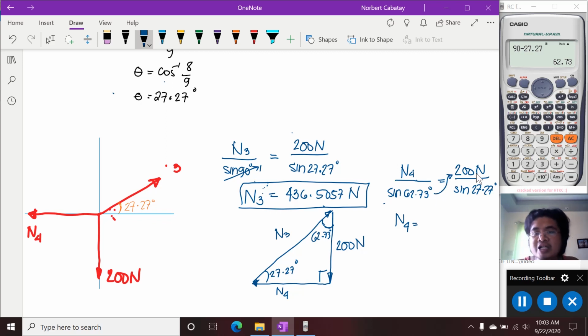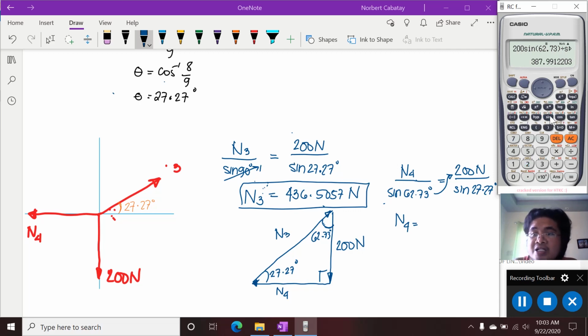So, pagdiretsuhin ko na sa calcu, we have 200 sine 62.73, tama, divided by sine ng 27.27.